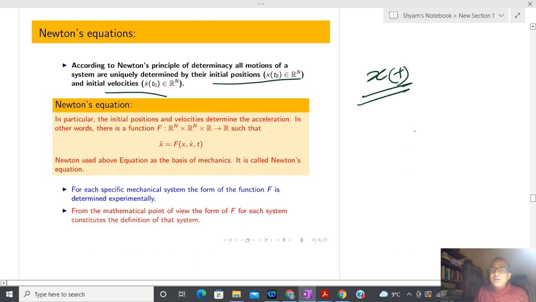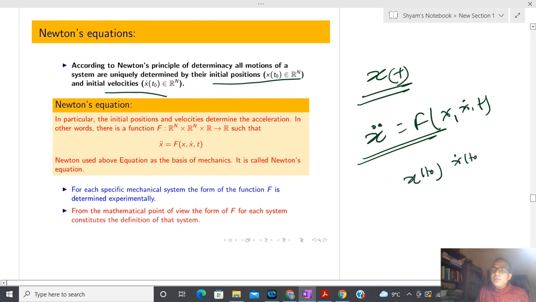What they found is that if I have a second order differential equation like this, with x, x dot, and t also explicitly present, could you please tell me how many initial conditions are required to solve this equation, from the theory of differential equations? Two. Two initial conditions, that is x(t0) and x dot(t0). So first he gave this kind of theory, or he took the theory from somewhere, I don't know.